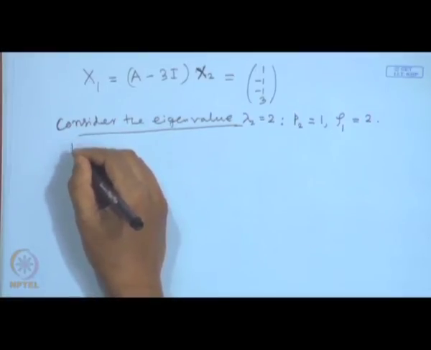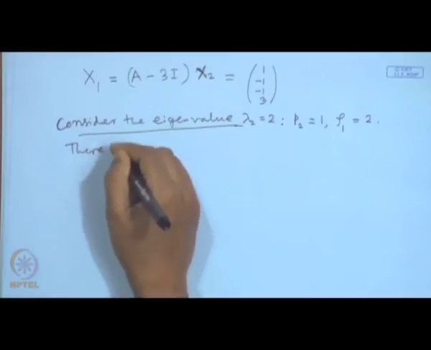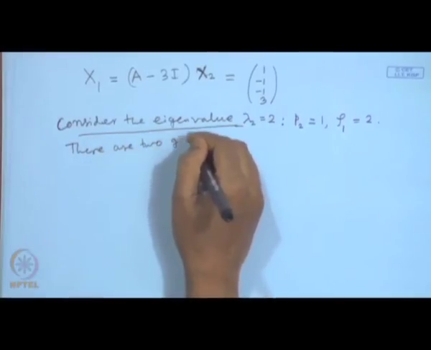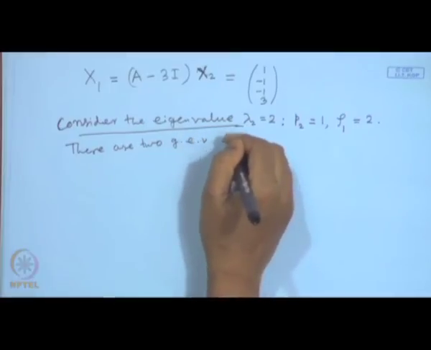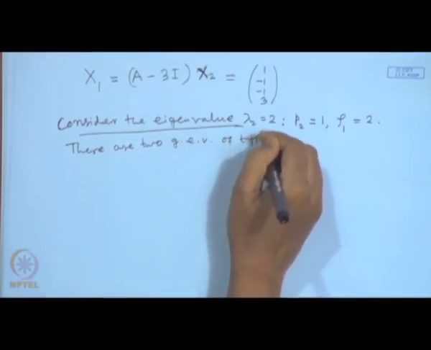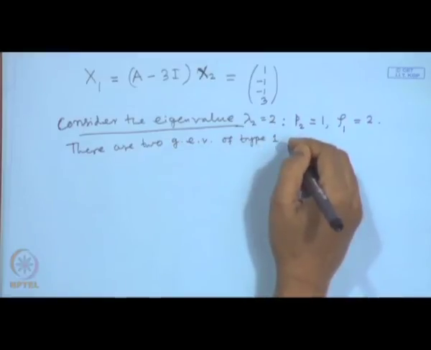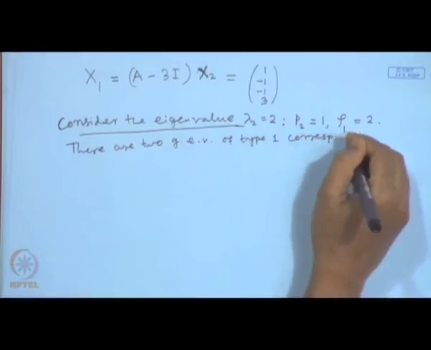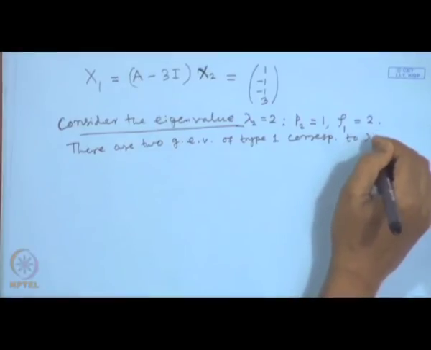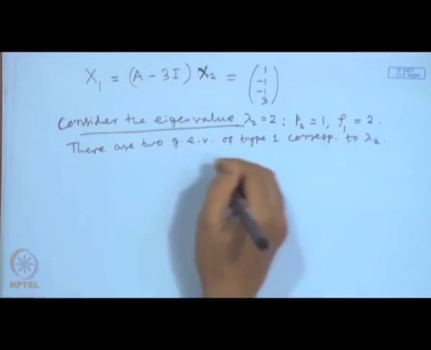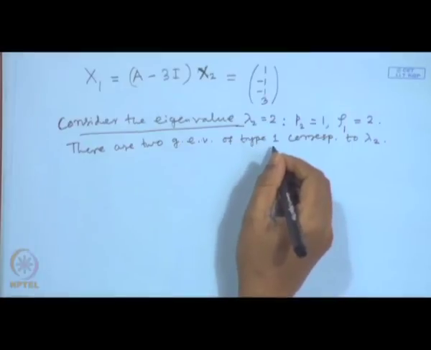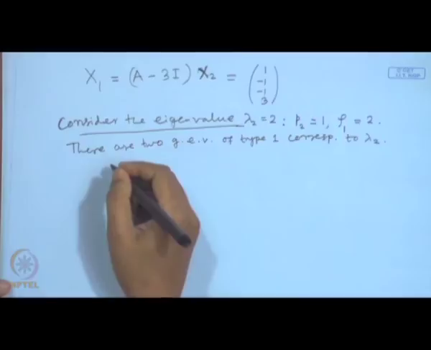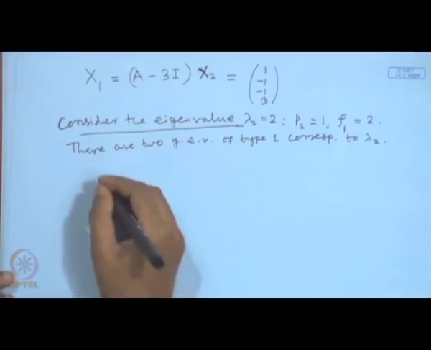This means that there are two generalized eigenvectors of type 1 corresponding to lambda 2, and since these are type 1, they are ordinary eigenvectors corresponding to lambda 2.